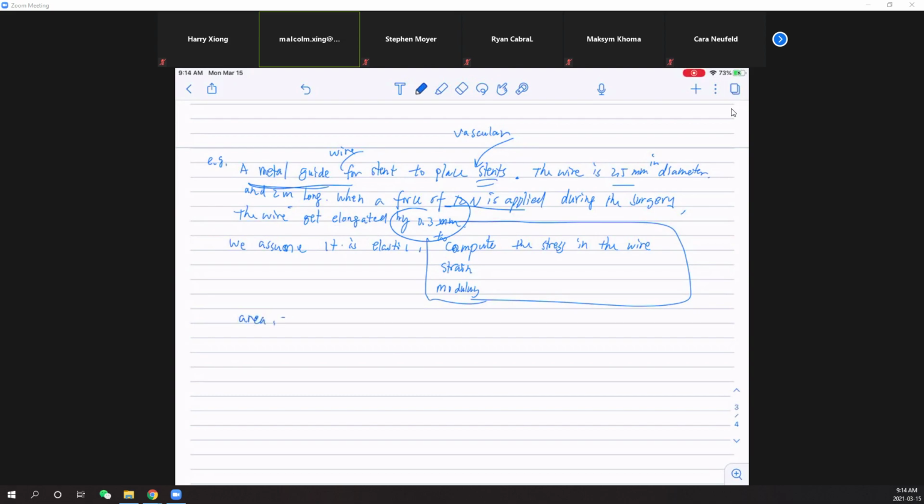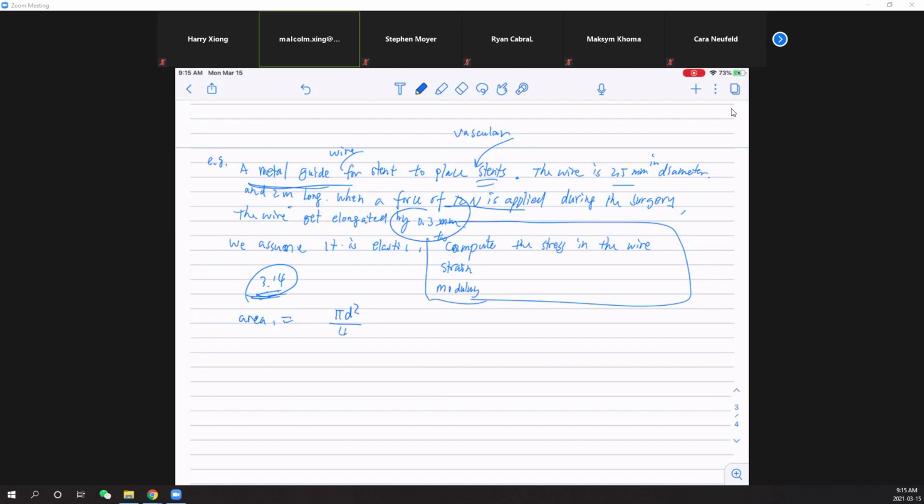So area is like, today is March 15. So yesterday is March 14th, pi, right? Interesting. Pi day, March 14, is also Einstein's birthday.